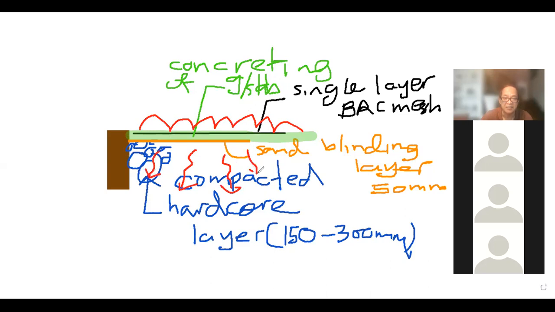So the soil is actually supporting the ground slab, not the ground beams, but the soil together with the compacted hardcore and the layer of soil below the compacted hardcore. Those are the components supporting the loading on the ground slab itself. So all loadings on the ground slab, whatever our design load might be in kilonewton per square meter, will be transferred directly to the soil.